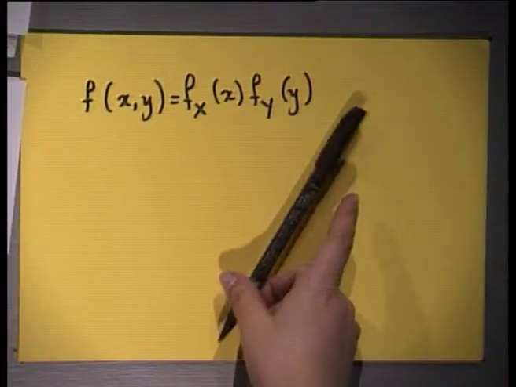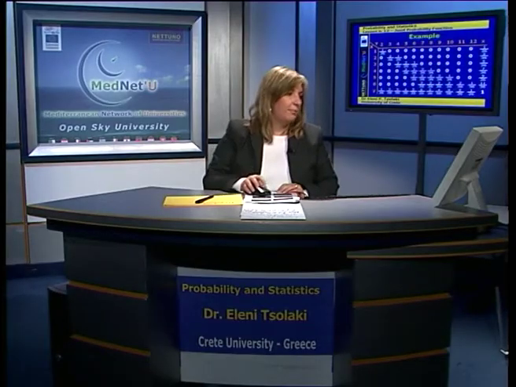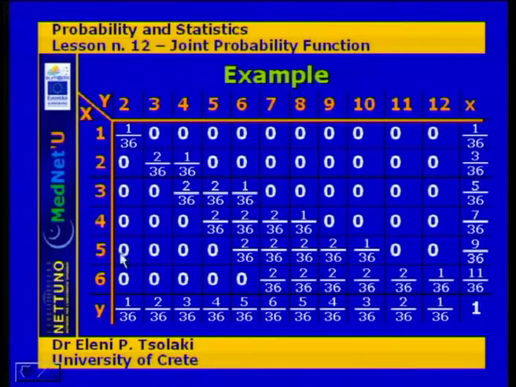Let's have a look at our table to see if this happens. Here, let's take, for example, f(2,2). We see that it's 0, where the marginal at x = 2 is 3 over 36, and the marginal for y = 2 is 1 over 36. Let's write this down.